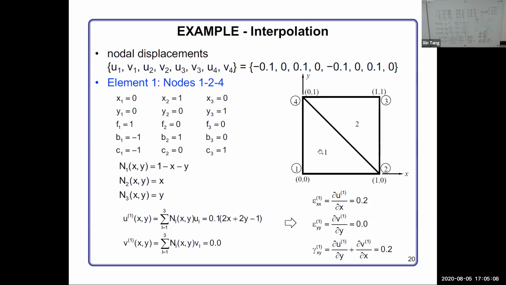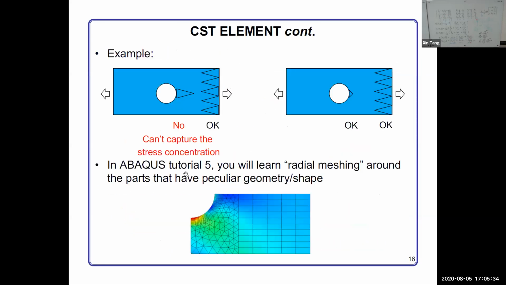Using those inputs, we will calculate F, B, C. They are constants: 3 components in F, 3 components in B, 3 components in C. We will calculate those 3 vectors and put them into the shape functions N1, N2, N3.